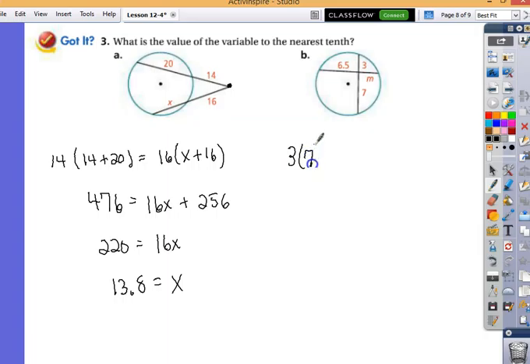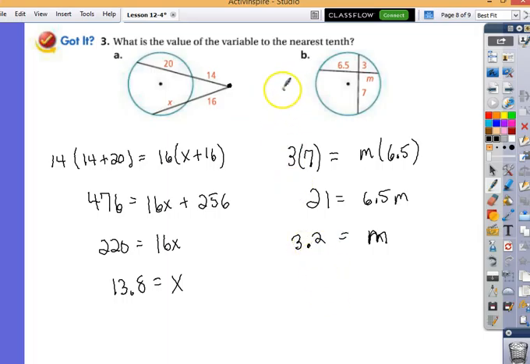So that's 3 times 7 for one product, and m times 6.5 for the other product, which is 21 equals 6.5m. I'll divide both sides by 6.5. So 21 divided by 6.5 gives me 3.23 something. I'm just going to put 3.2 because it said to round to the nearest tenth. Is everybody okay with that? Okay, does anybody have any questions?